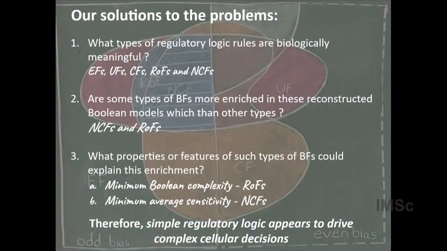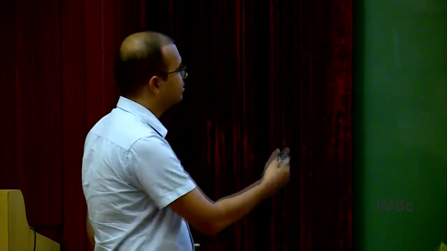And so finally, what are the properties or features of Boolean functions that could explain the enrichment of ROFs and NCFs in the empirical data set? It is the minimum Boolean complexity and the minimum average sensitivity. And so therefore, my title, which is that simple regulatory logics appear to drive complex cellular decisions.